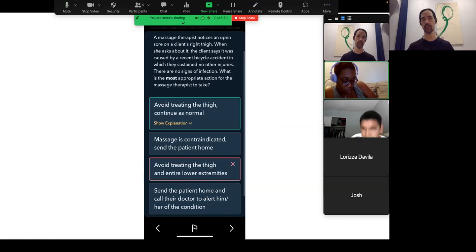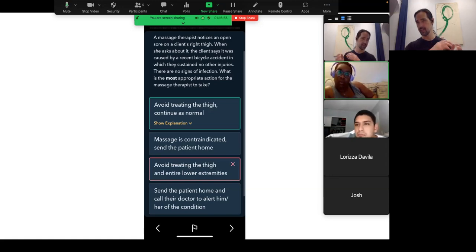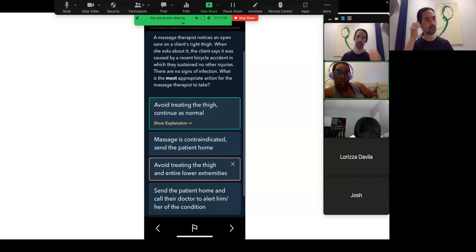SHARP is swelling and then heat. Altered use, like they can't move it correctly. That one's kind of lame, but it's there: something's swollen, it's stiff, something's painful, they don't want to use it. And then R is redness, and P is pain. Swelling, heat, altered use, redness, and pain. That's an acronym for inflammation. Inflammation plus an open wound, there's infection there.